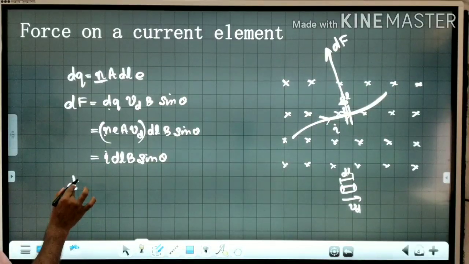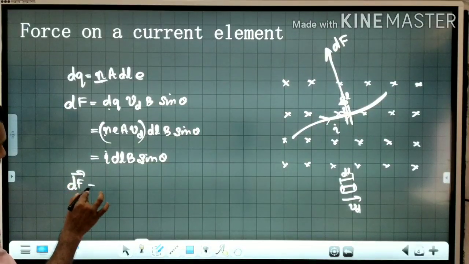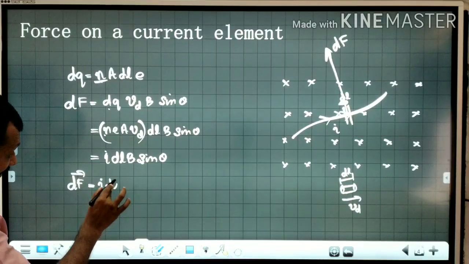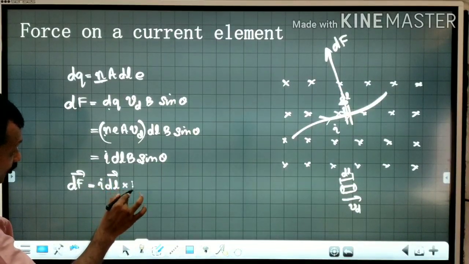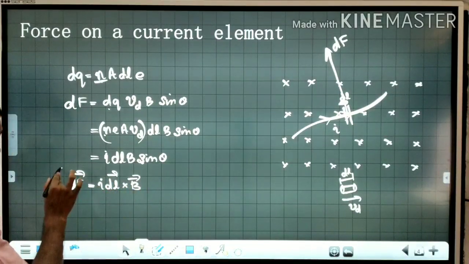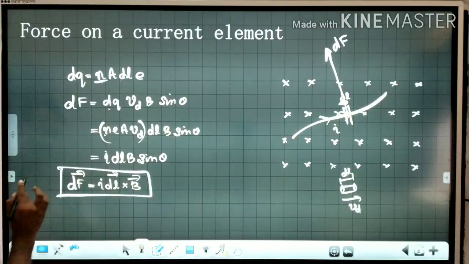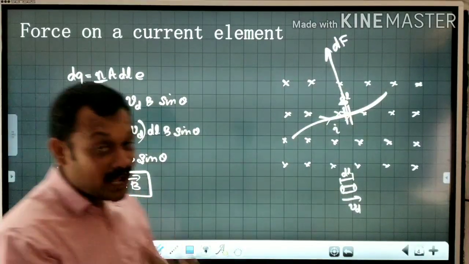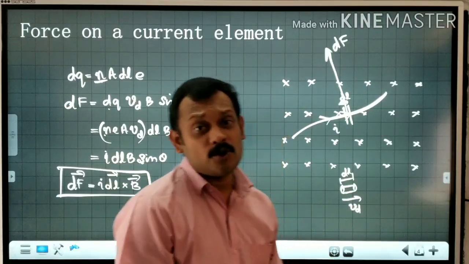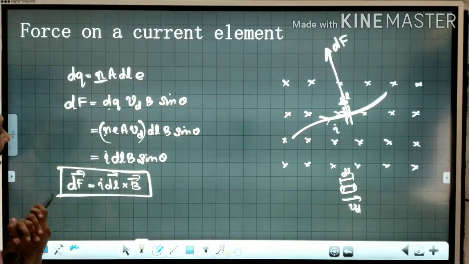In vector form, dF is equal to I dl cross B. This is the expression for the magnetic force on a current element.